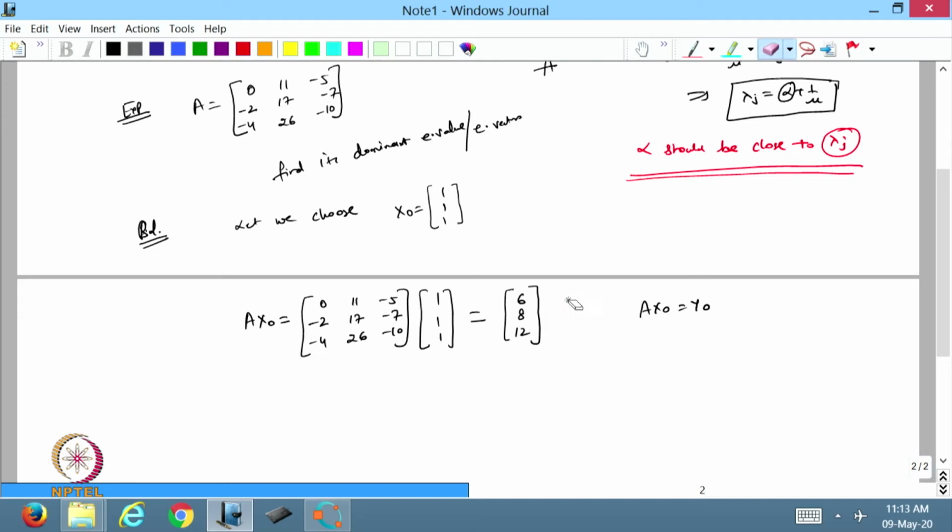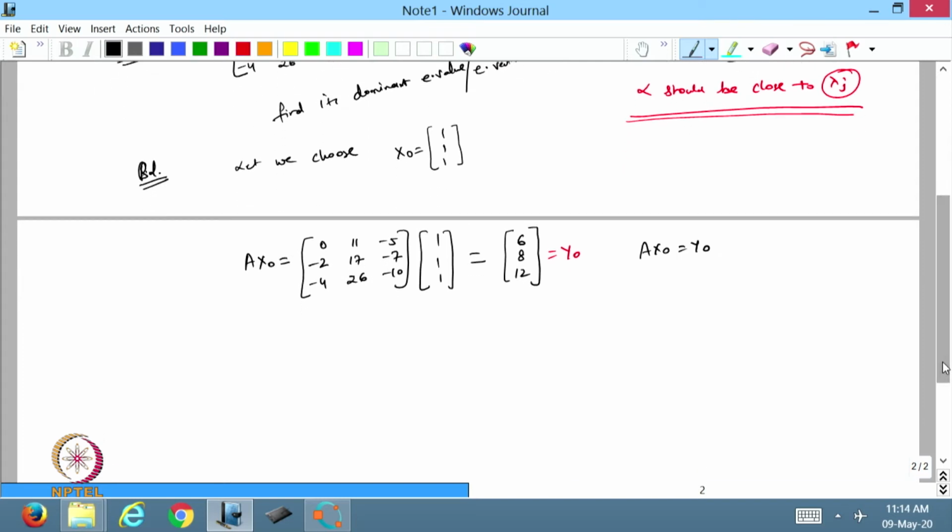Now, what I do is that I want to make this y naught a normalized vector. From here, I will choose the largest component of this vector, which is 12. So, I will write y naught as 12 times the vector, taking the 12 outside. Inside I will get 6 by 12, 8 by 12 and 1.